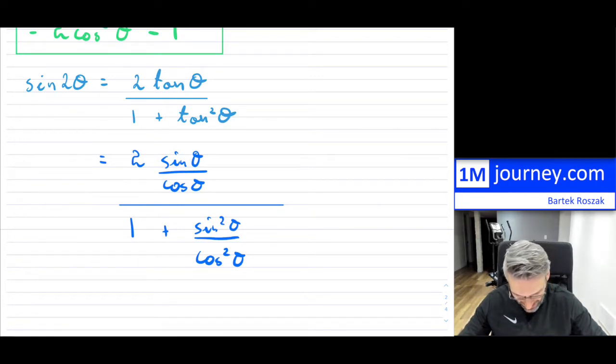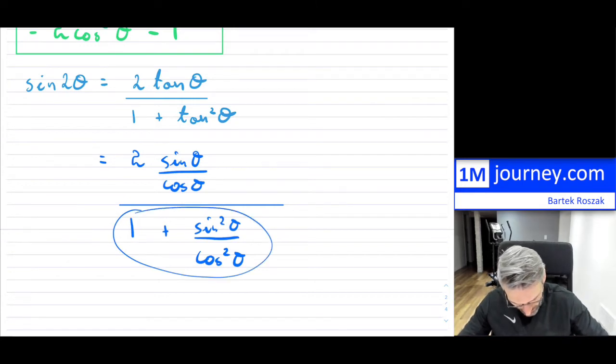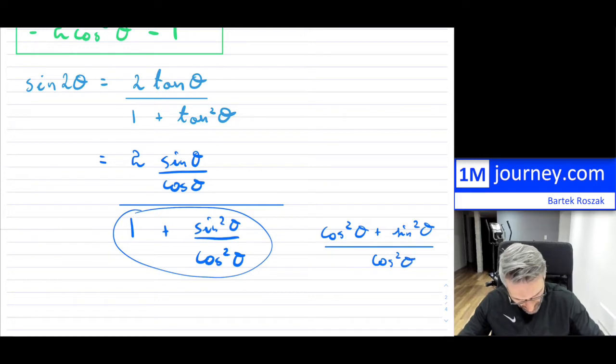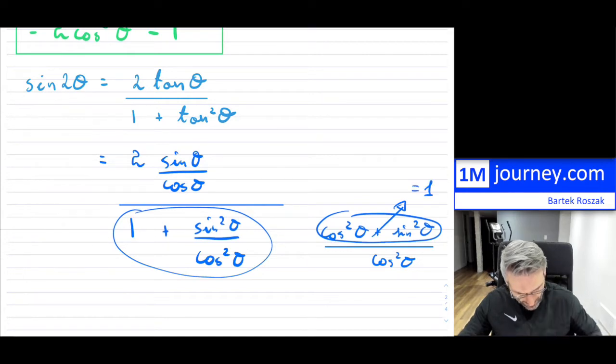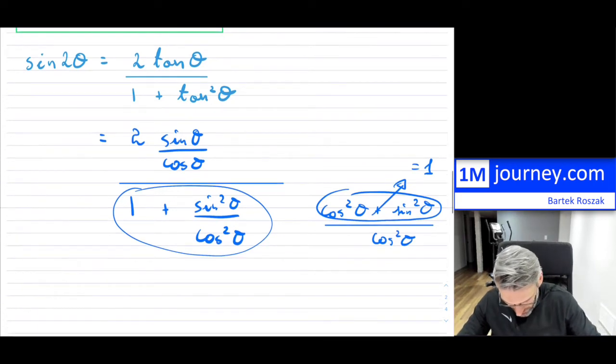So I can kind of already see here, this is equal to cos squared theta plus sine squared theta all over cos squared theta. Now this right here, this is just equal to 1. That's our old school identity of sine squared plus cos squared is equal to 1. So that should simplify this quite a bit.